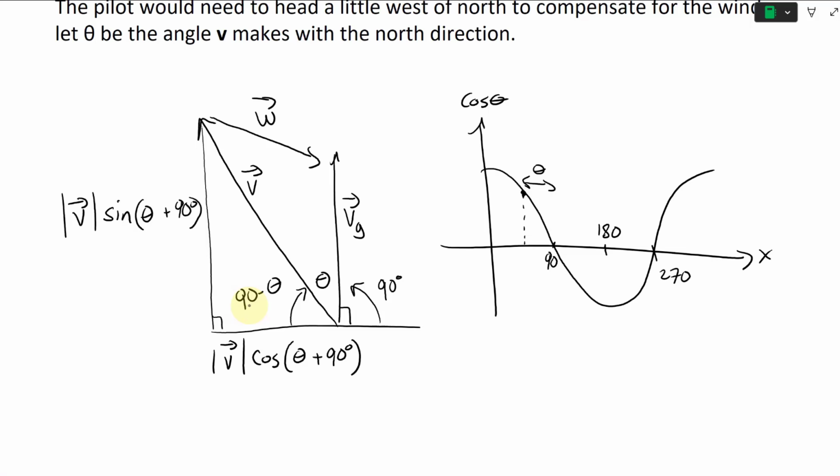But then if we go across to the other side, right here, this is theta. So basically, 90 plus theta will have a negative number, which is what we want. So it's exactly the same thing. This is going to be plus, this is going to be negative.